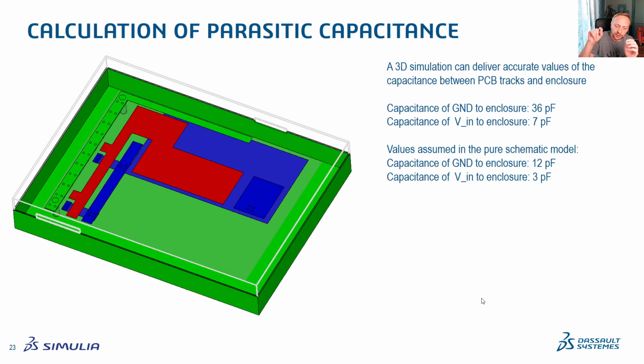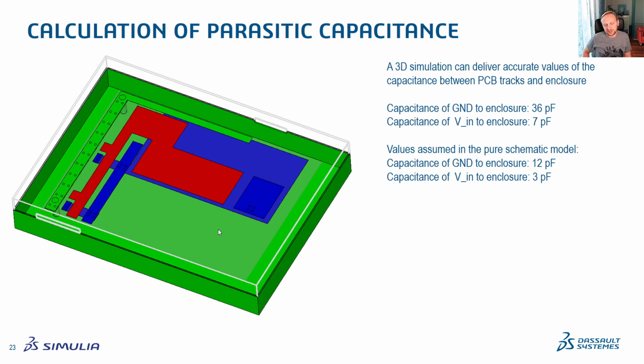I told you there's a capacitance from the P line, the plus going into the inverter, and from the N line, basically the output of the inverter. Red is the P line, blue is the N line, here built as a PCB structure, and I can calculate the capacitance of these two metallic plates towards the enclosure, shown here in green. The capacitance simulation typically uses an electrostatic solver.